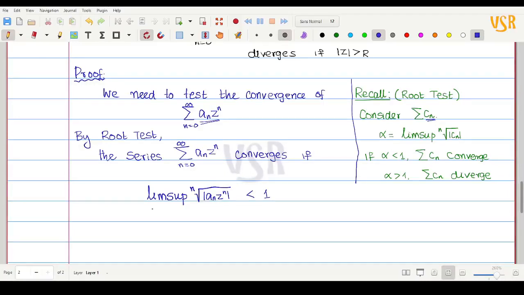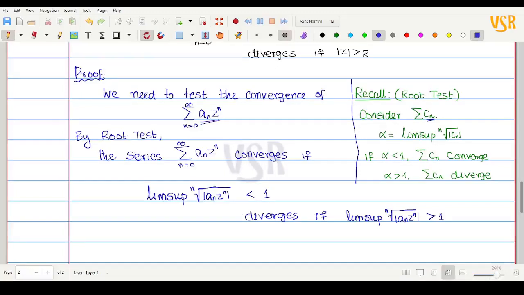And this series diverges if limit supremum of nth root of modulus of a_n z to the power n is greater than 1. இது 1 விட பெருசாக இருந்ததுன்னா this series will diverge.